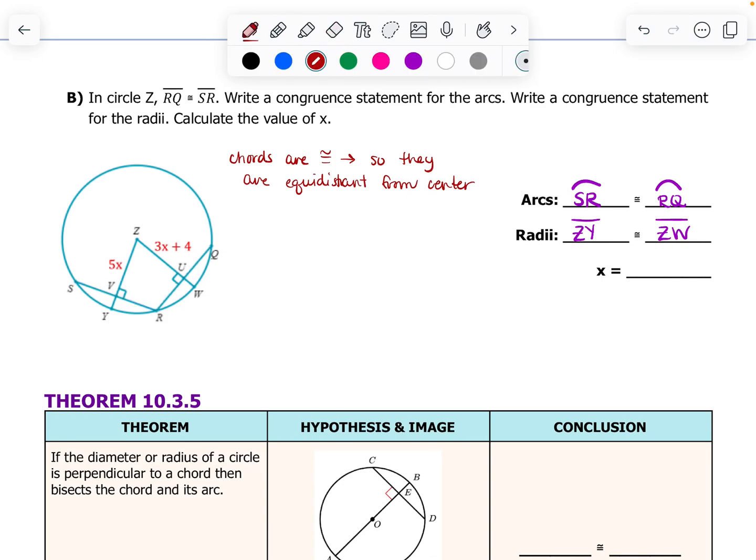So let's go ahead and set up that equation. We're going to say 5x is equal to 3x plus 4. I'm subtracting 3x from both sides to get 2x equals 4. And then when you divide by 2, you get x is equal to 2.